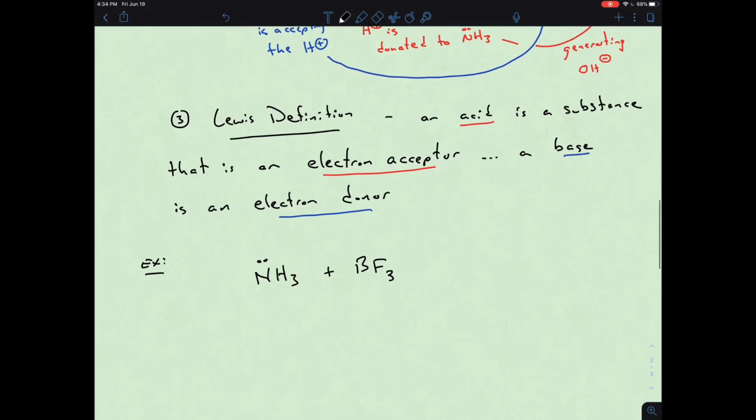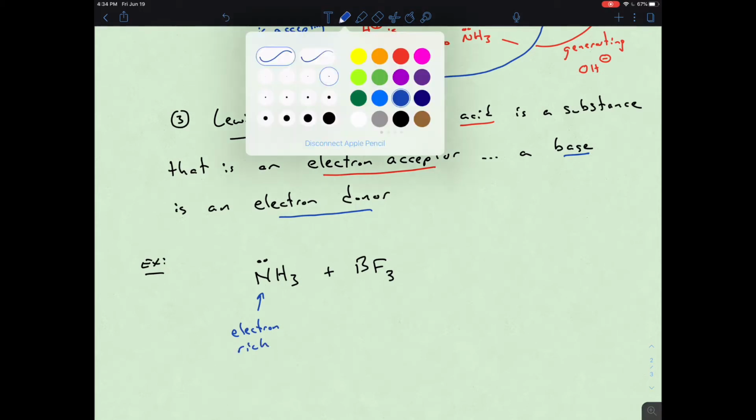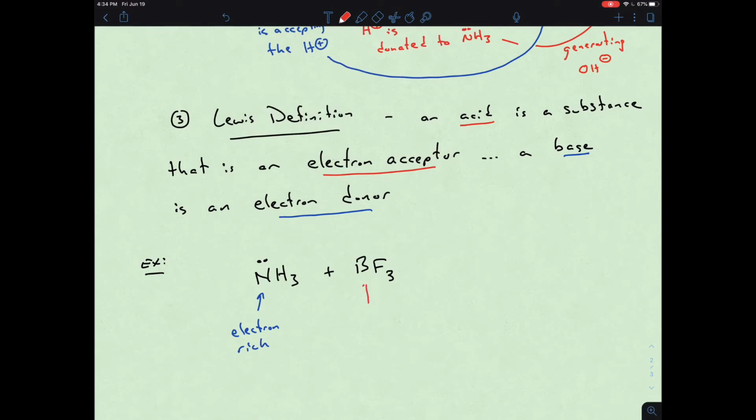And so what we see here is we have nitrogen, which is very electron rich, and we have the boron, which is very electron poor. With the ammonia, the nitrogen is the most electronegative, so it has most of the electron density on it, with that lone pair as well.